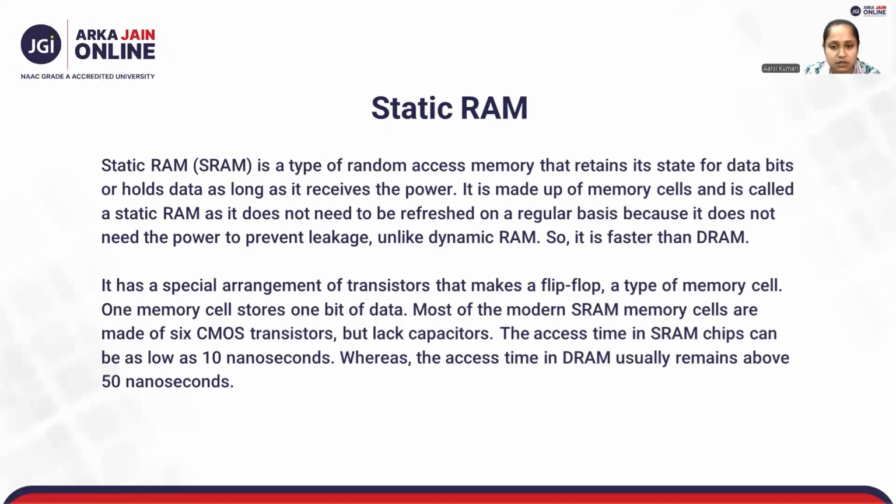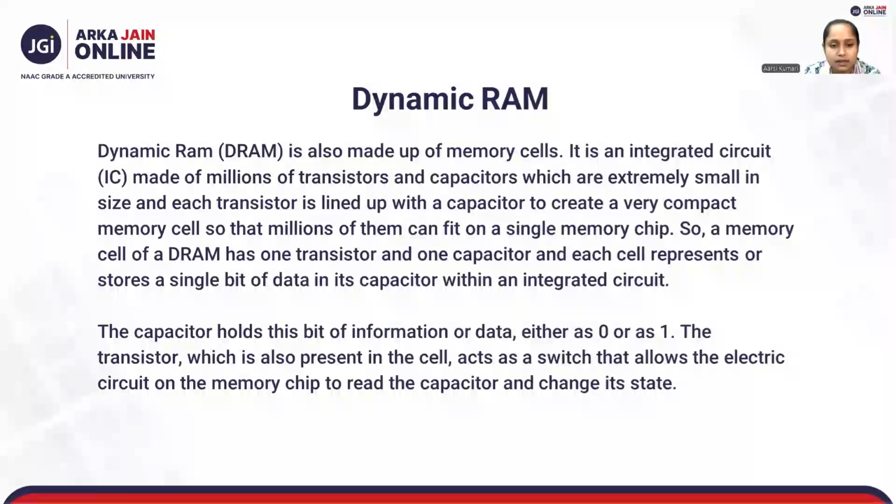Next we have dynamic RAM, DRAM. Dynamic RAM is also made up of memory cells. It is an integrated circuit made up of millions of transistors and capacitors which are extremely small in size, and each transistor is lined up with a capacitor to create a very compact memory cell so that millions of them can fit on a single memory chip.